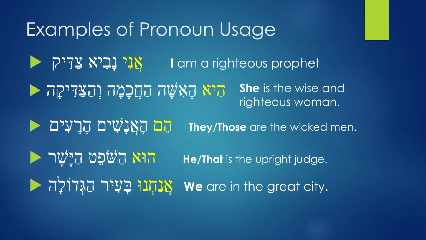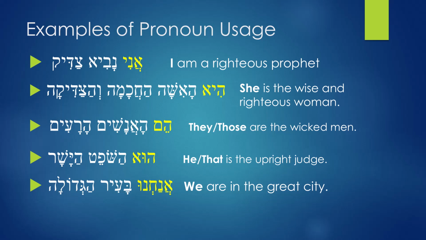Hayashar, we looked at this adjective in the previous lesson. Yashar means upright, and ha means the. So the translation is, he is the upright judge.